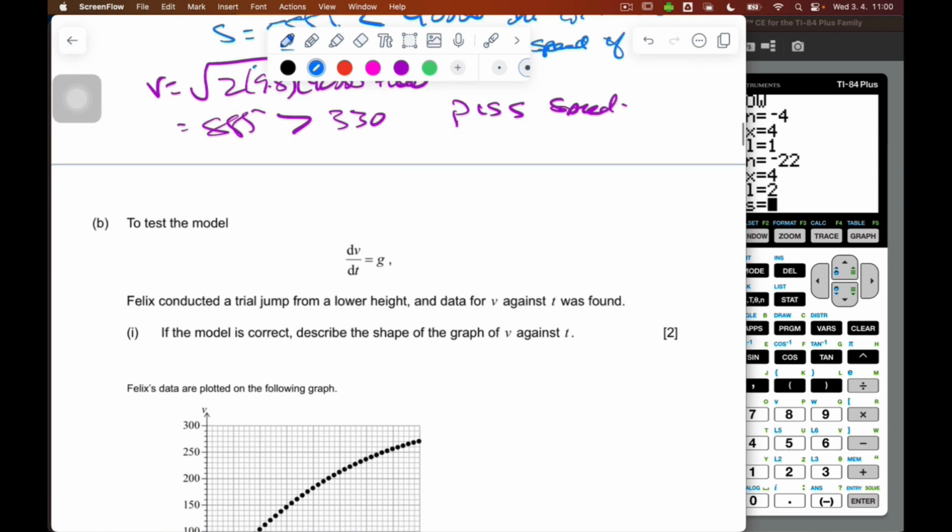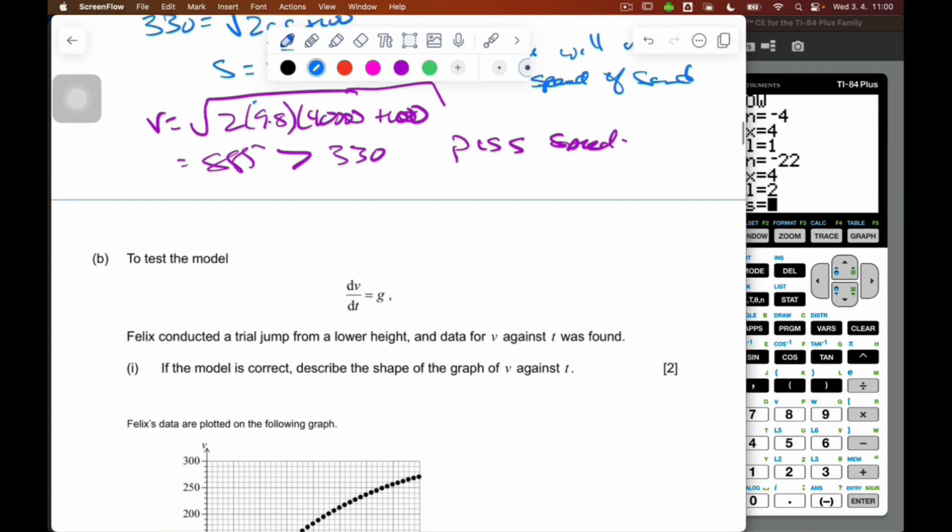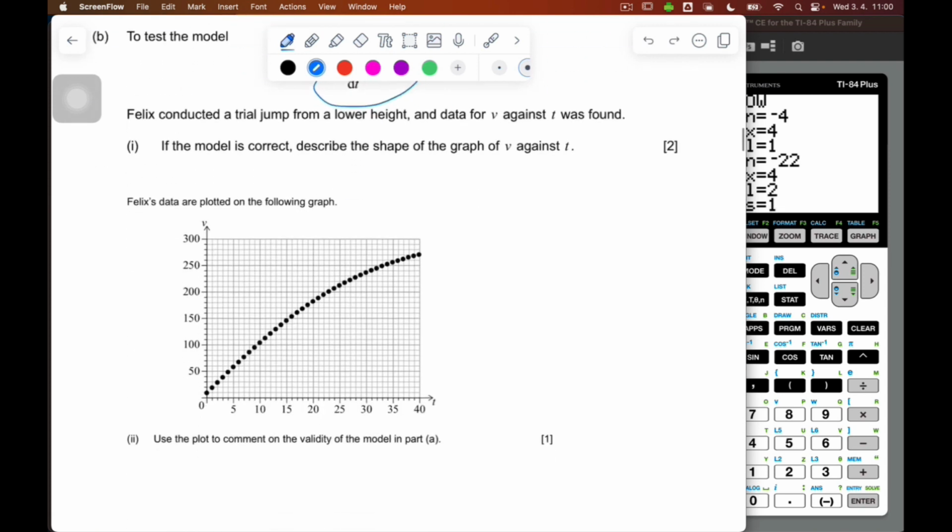Okay, now it says testing this model of dv dt equals g. If the model is correct, describe the shape of the graph of v against t. Down here, dv dt is equal to g.